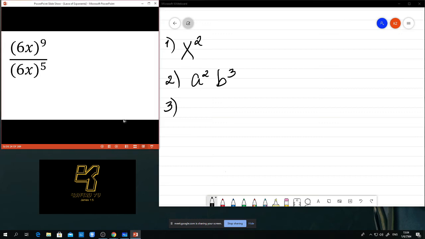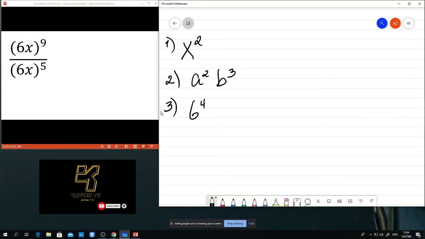6x to the power of 4. 6 to the power of 4. Then x to the power of 4 also.